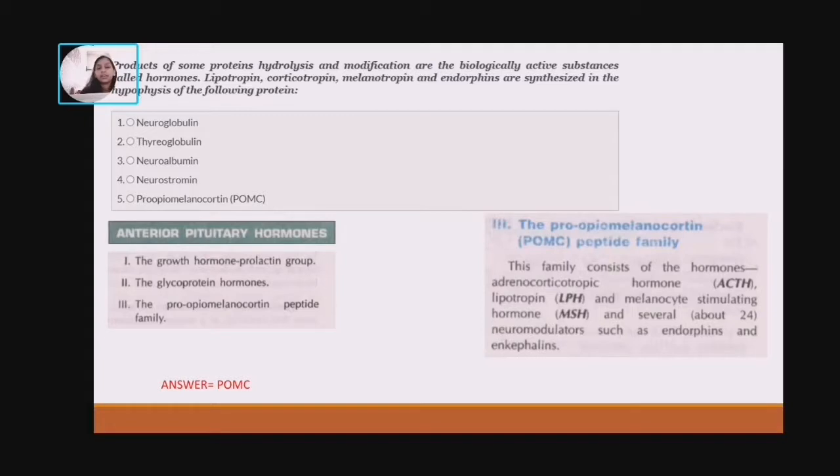So these come under the POMC peptide family. This is also a direct question. If we know the family of hormones, you can easily answer this.